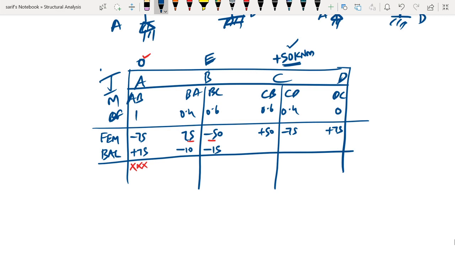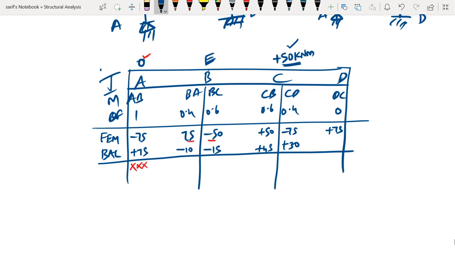Plus 75 into 0.6 is plus 45, and plus 75 into 0.4 is plus 30.